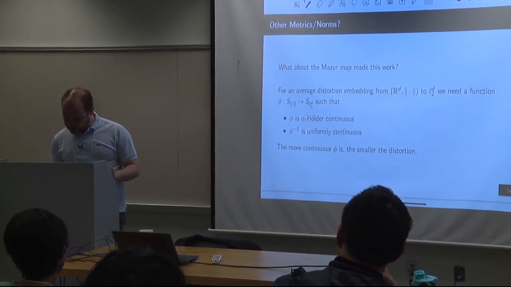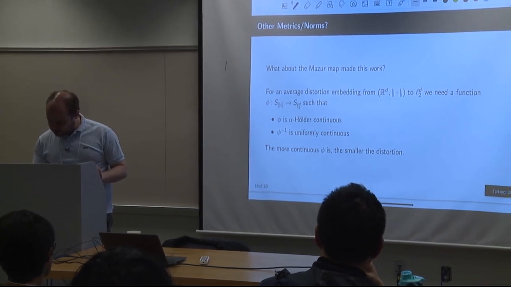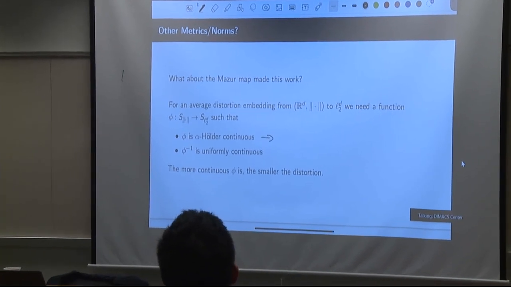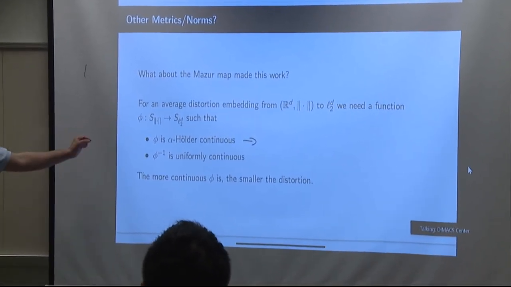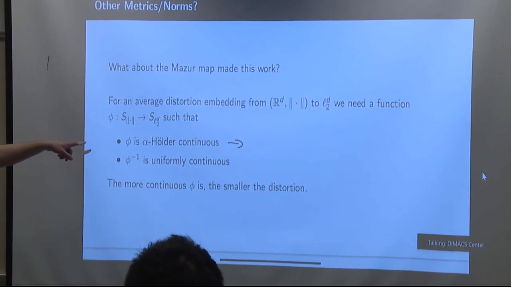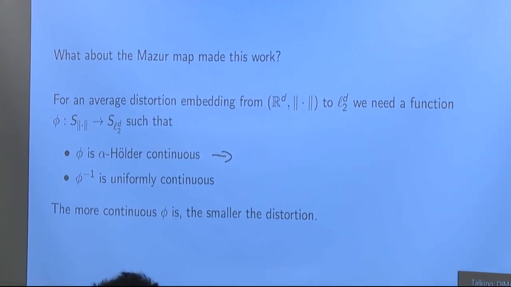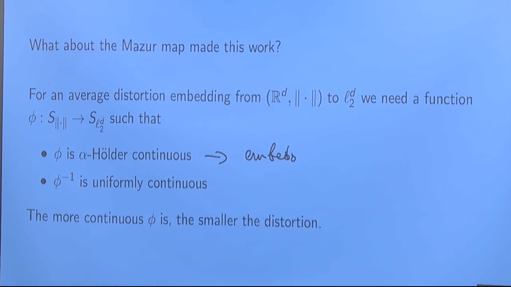I should say some things here. Typically, this alpha-Hölder continuity condition maps to the embedding being of the alpha-snowflake.